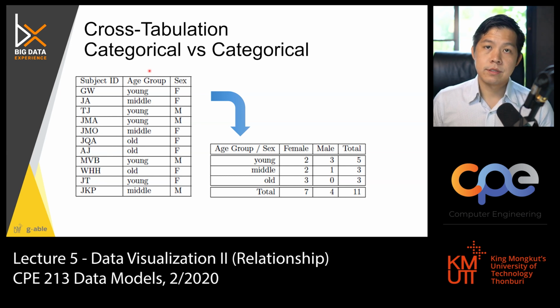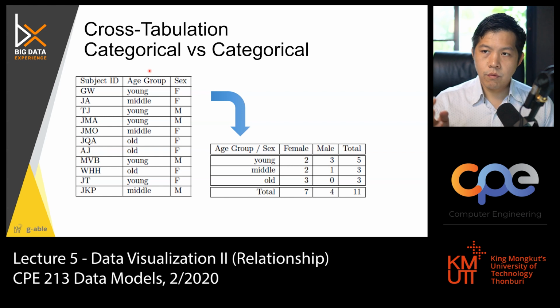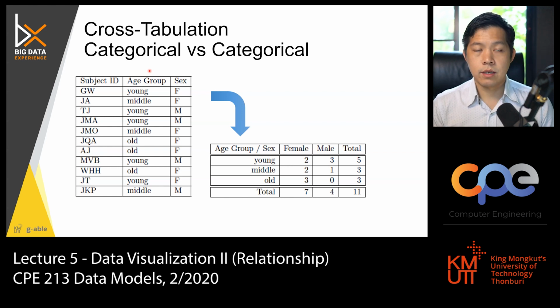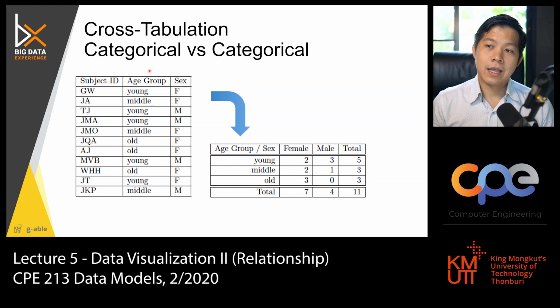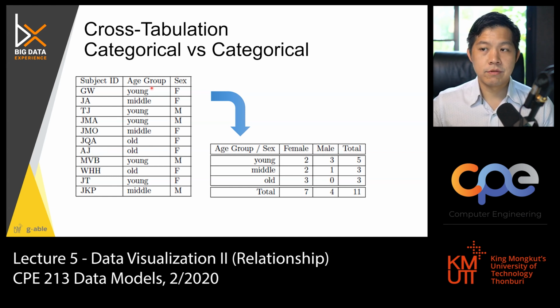So what do we have here? We have two columns, age group and sex. When we have two columns together, what would we want with them? Each column can be analyzed using one variable, using univariate analysis, to determine distributions, to determine the center. Some of you asked me, how do we determine the modalities, the distribution, or the center of categorical variables?